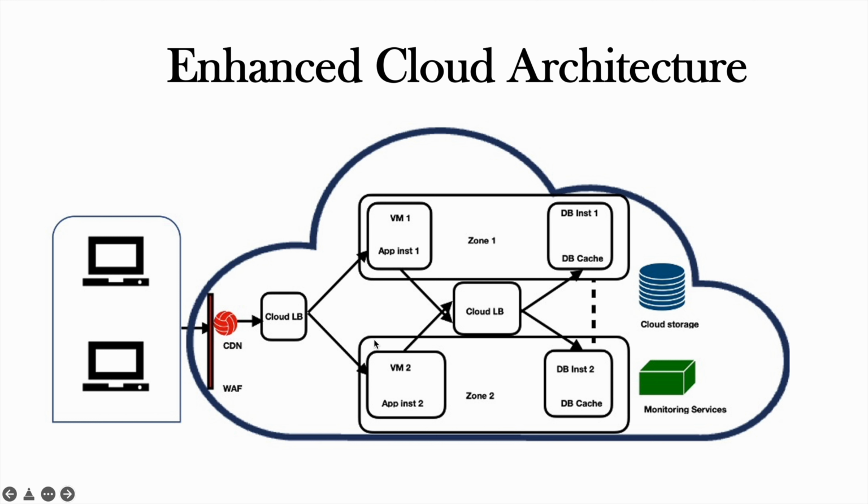Okay, so what I did here, instead of one zone, I kept two zones. If you look at this, this is zone 1 and this is zone 2. So why did we come up with this approach? Because if your virtual machine on zone 1 fails, the customer's request will be handled by the virtual machine on zone 2.